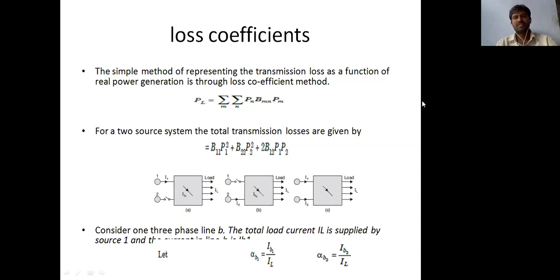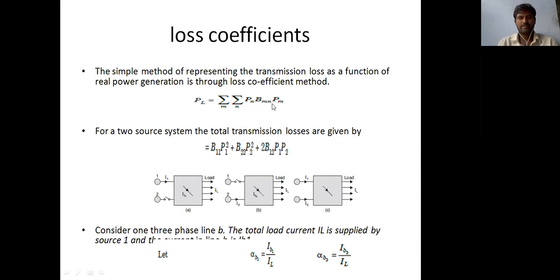Here PL means the total losses of the transmission line, and PM and PN mean the outputs of the M and N generating units, and BMN is the loss coefficient.